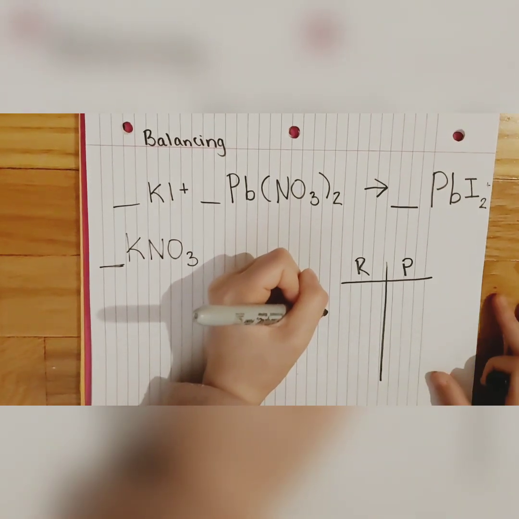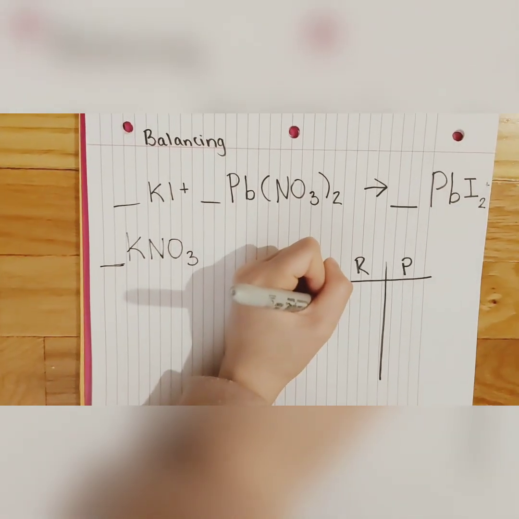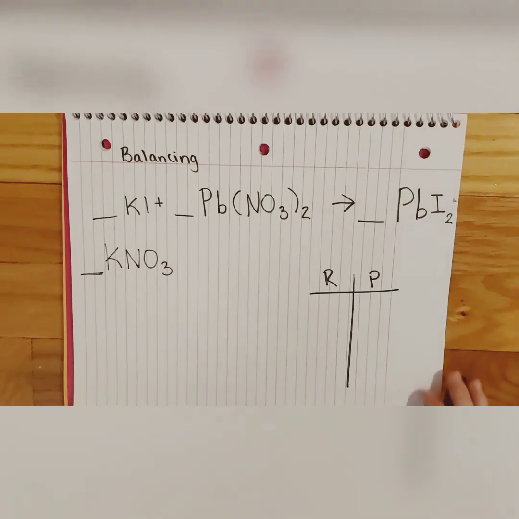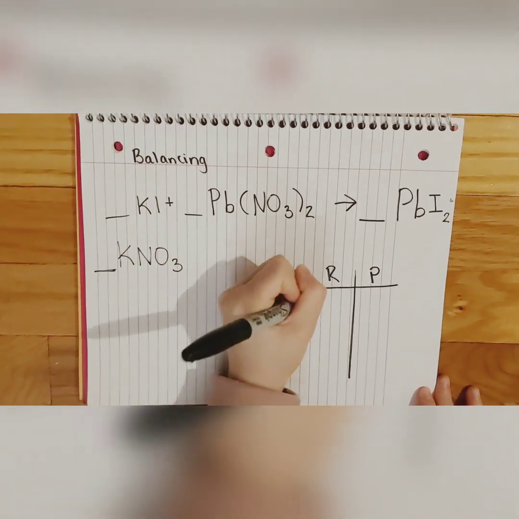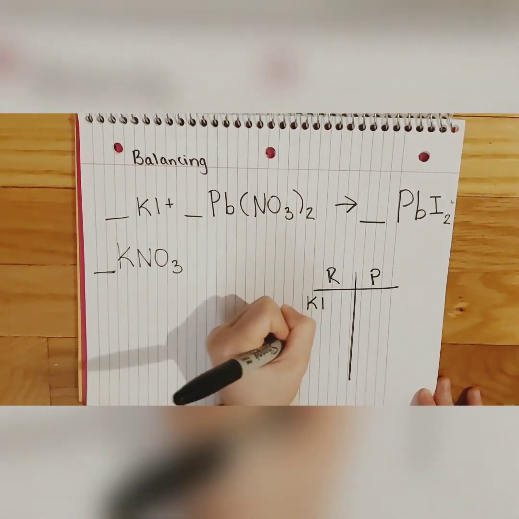Now here is a table for the reactant side and the product side. Each letter represents an element, and the number beside it is how much there is on that side of the equation.